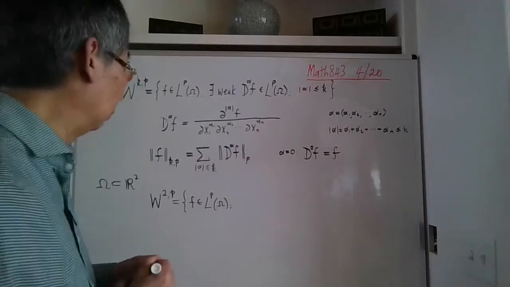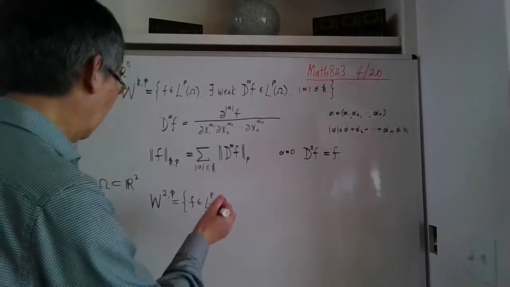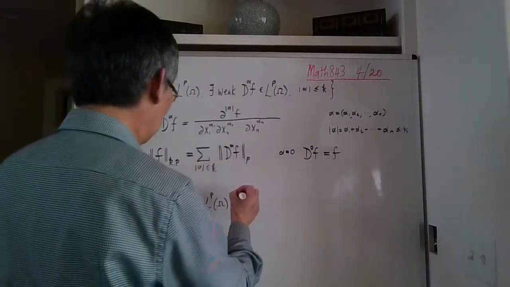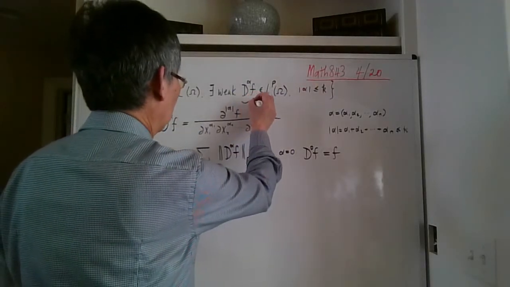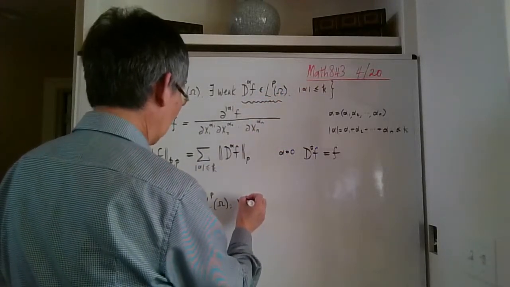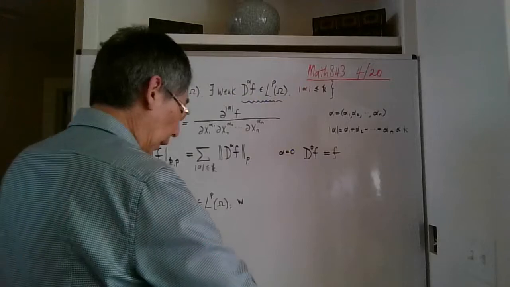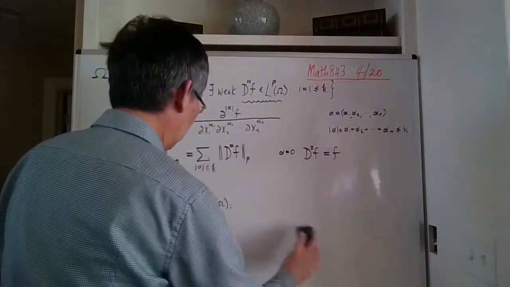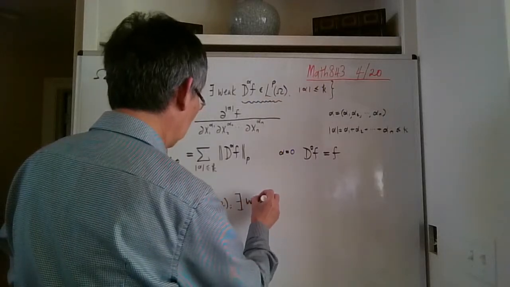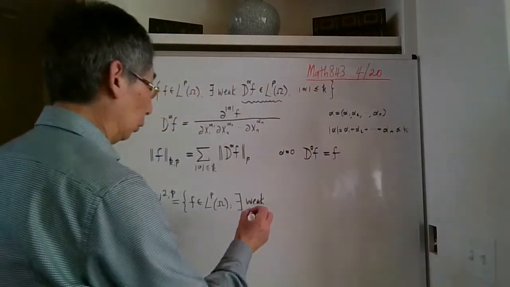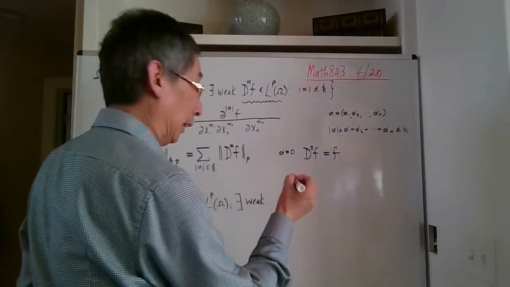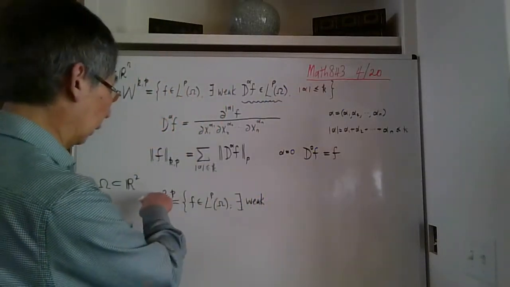This means all the partial derivatives exist as weak partial derivatives, of first order and second order, because this is the second order case.